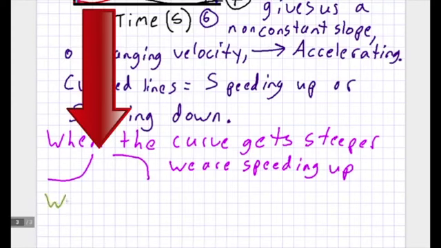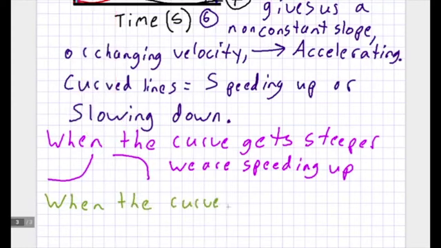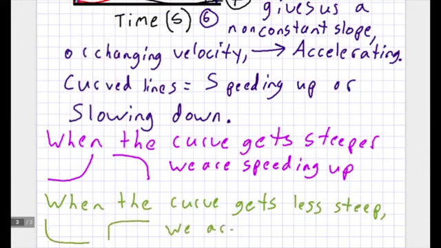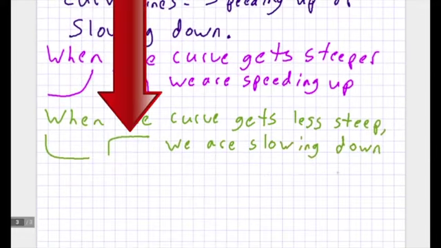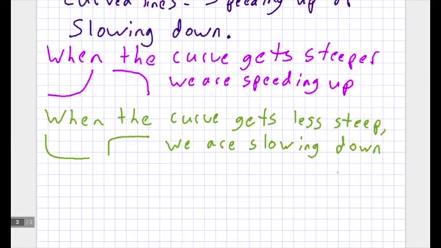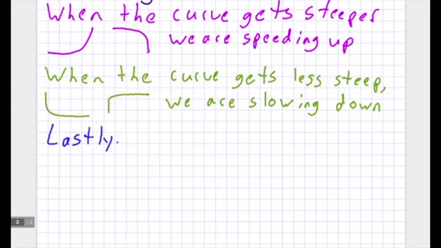On the flip side, when the curve is getting less steep, our velocity is getting slower and slower, meaning that our curve is flattening out towards the end, which makes sense because a flat or horizontal line has a slope of 0, meaning a velocity of 0. So if our curved line is ending in a horizontal line, we are ending at a very, very slow velocity, meaning that we must be slowing down.